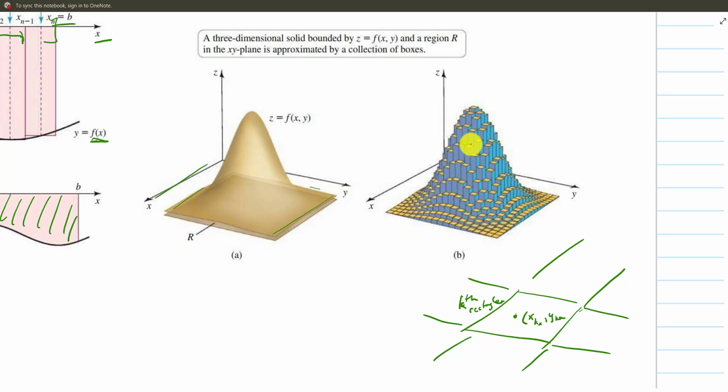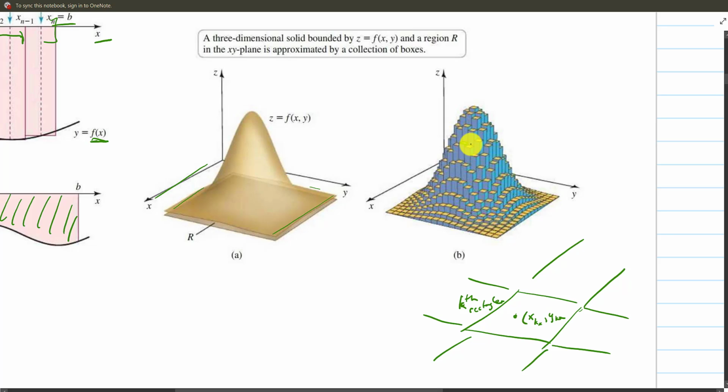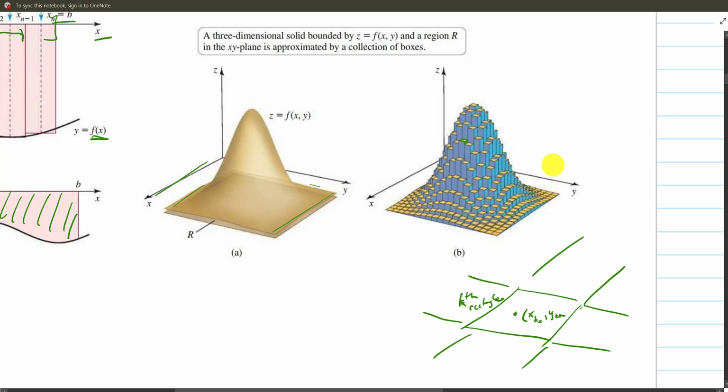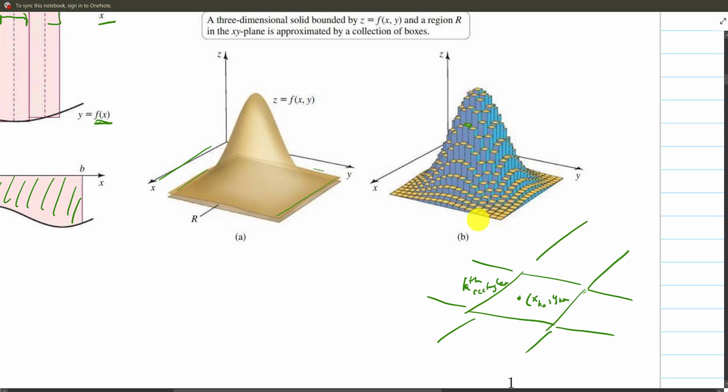Okay, so rather than using rectangles to approximate the area underneath the curve, we're going to add up the volumes of a bunch of columns living in 3-space to approximate the volume underneath the surface. So again, our approximation will be that the volume is approximately the sum of each of these f of x k star, y k star, then multiplied by whatever this area is here.